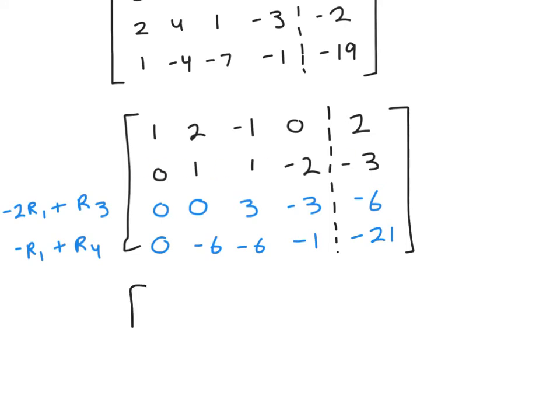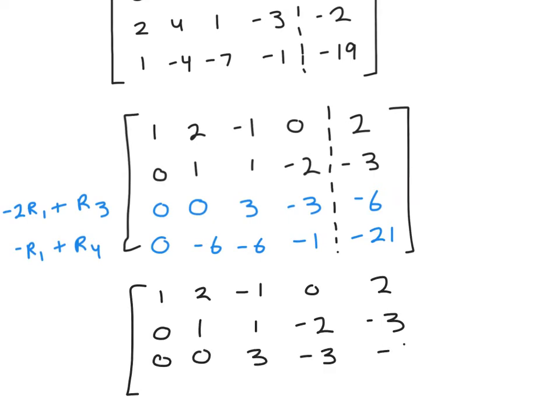So let's do that. So 6 times, we're working with the 4th row. So we'll do 6 times row 2, and we'll add it to our row 4.